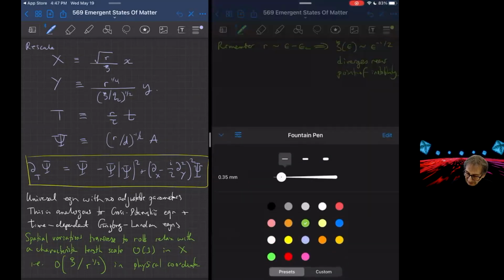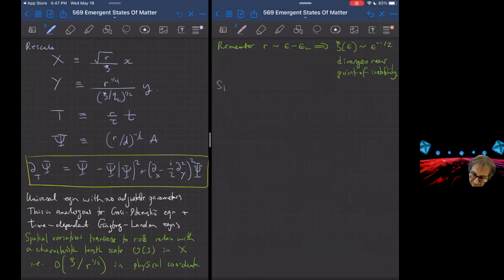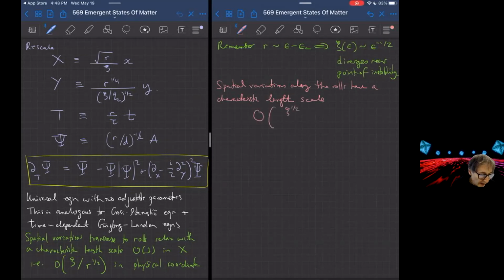If, on the other hand, we look at spatial variations along the walls, they have a characteristic length scale which is of order 1 in the Y units, and so in physical units it's something like xi to the 1/2 over qc to the 1/2 r to the 1/4, and so this goes like epsilon minus epsilon c to the minus 1/4.